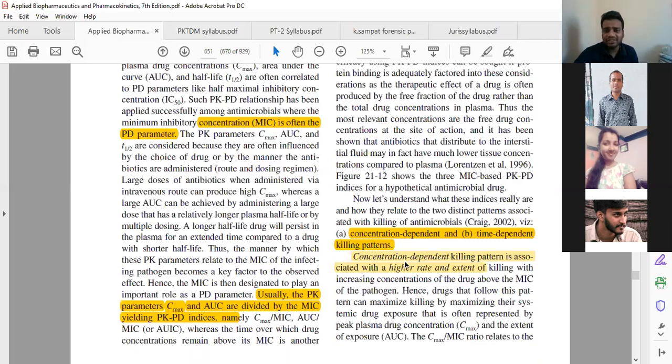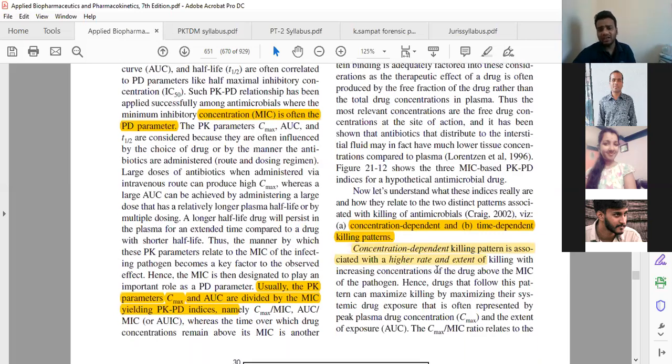So we have the concentration-dependent killing pattern, which is associated with higher rate and extent of killing. If you compare the concentration-dependent and time-dependent killing patterns, the concentration-dependent one has a higher rate and extent of killing. But you should understand that both parameters help in increasing the killing.